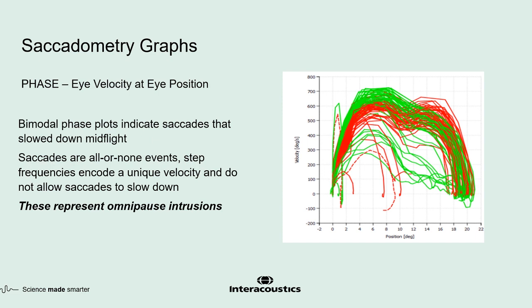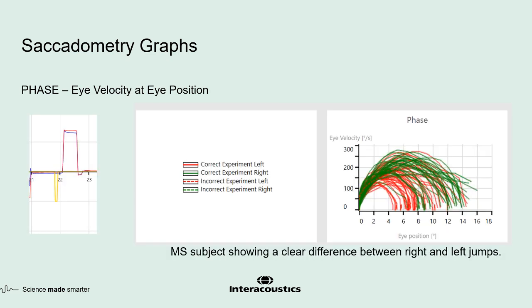So when we see those bimodal things, that almost inevitably implies frontal basal ganglia pathology of some kind. So phase is, again, eye velocity at eye position, and you can clearly see that there's a difference between right and left in this target.